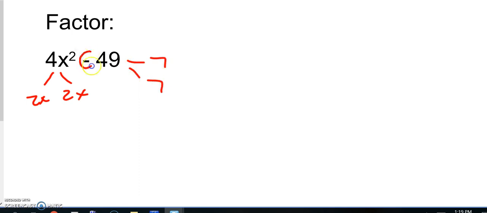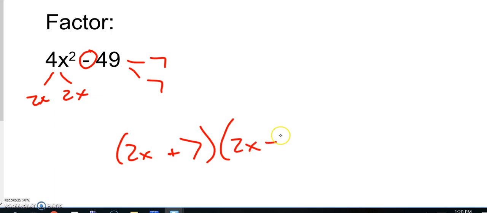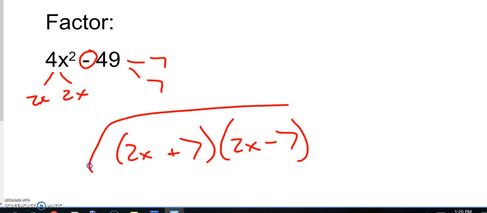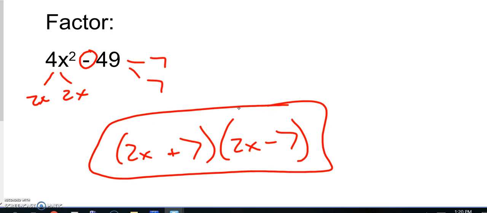And we are taking the difference. So what I'm going to write out here then is 2x plus 7 times 2x minus 7. And this would be our factored answer. You can check that if you want to, but it will work out. And again, I could have written 2x minus 7 times 2x plus 7, doesn't matter the order.